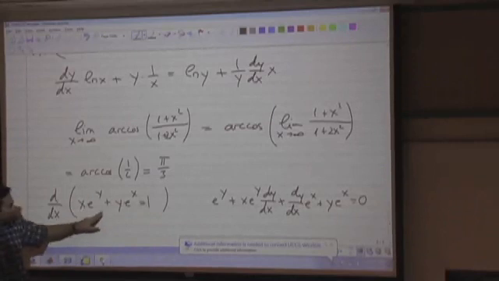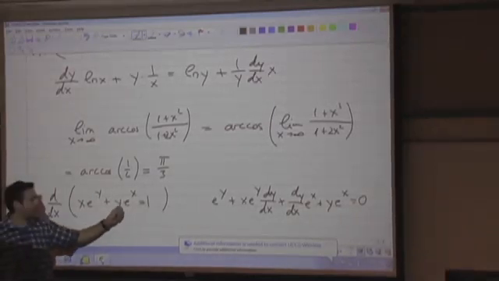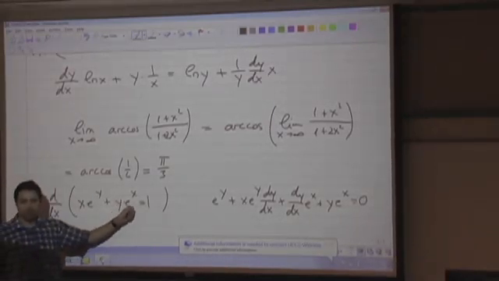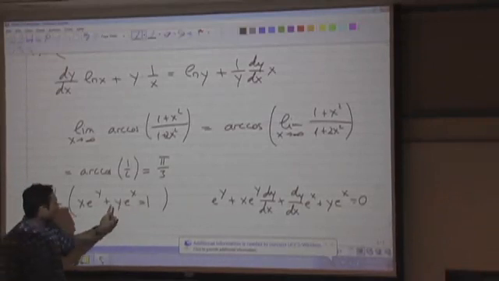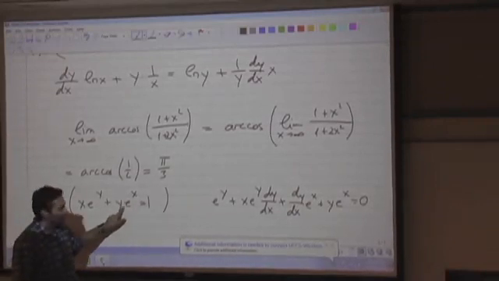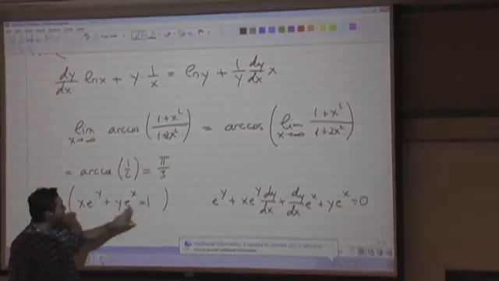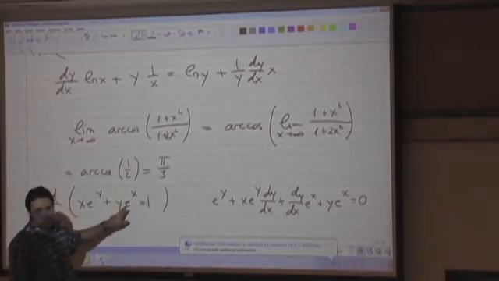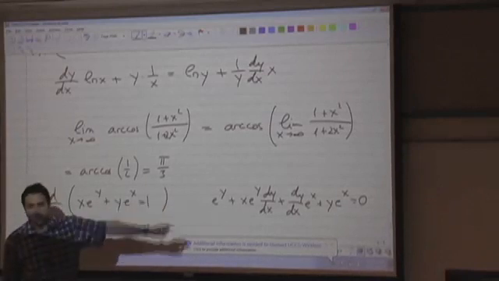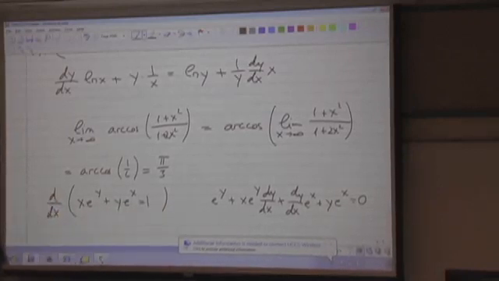Plus, move on to the next one. Again, a function of x and a function of x. Product rule: the derivative of y times e to the x, plus the derivative of e to the x, which is e to the x, times y, which is the last term. Okay?